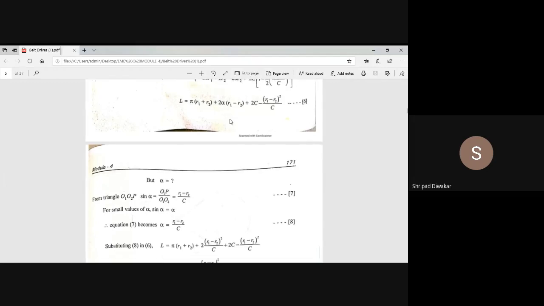(R1 minus R2) square, divided by C. After multiplying, we'll get (R1 minus R2) square divided by C, then plus 2C as it is, and minus (R1 minus R2) divided by C as it is. Here I'm putting alpha as (R1 minus R2) divided by C.